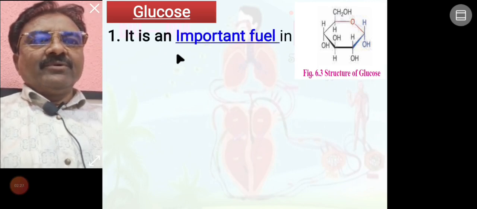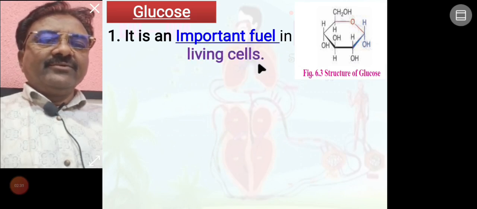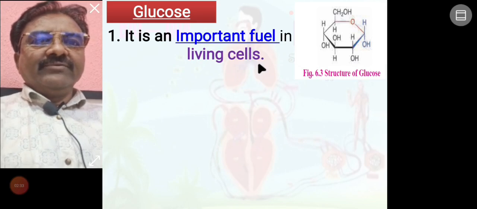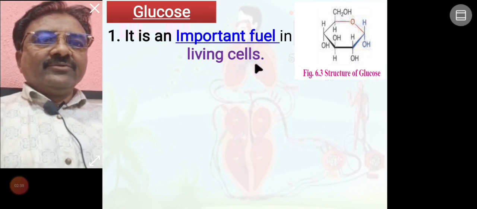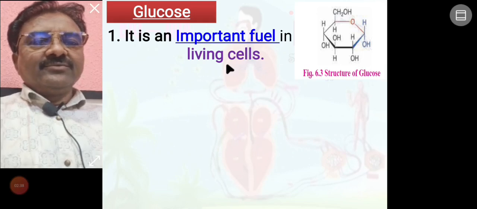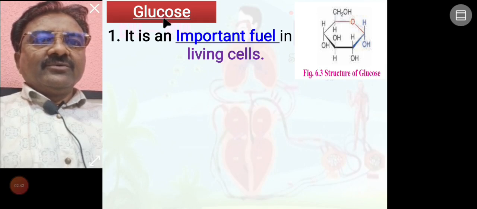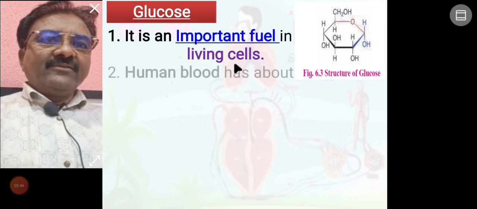Glucose is an important fuel in the living cell. You know, inside the living cell, glucose is oxidized to release energy. So glucose is an important fuel in the living cell.